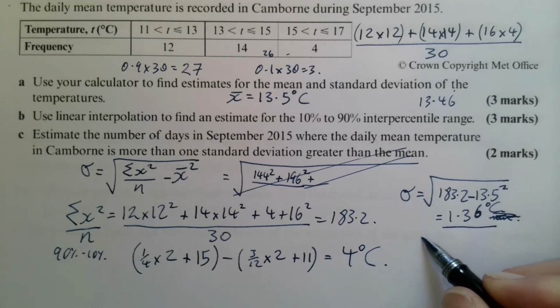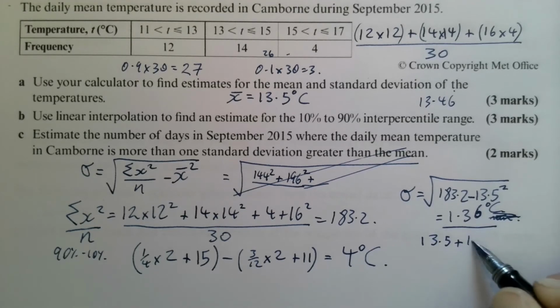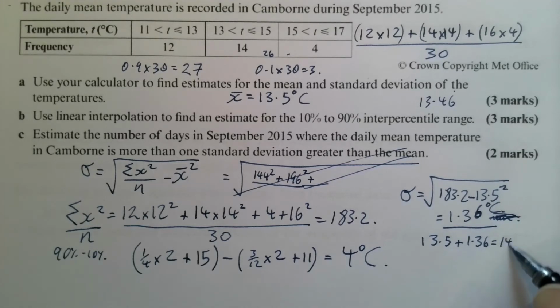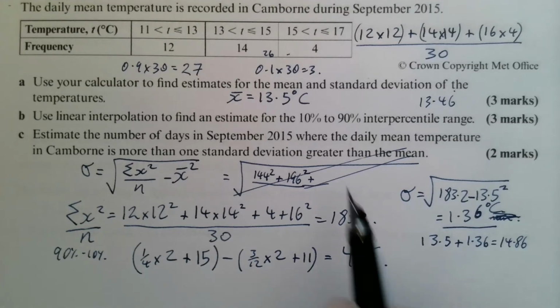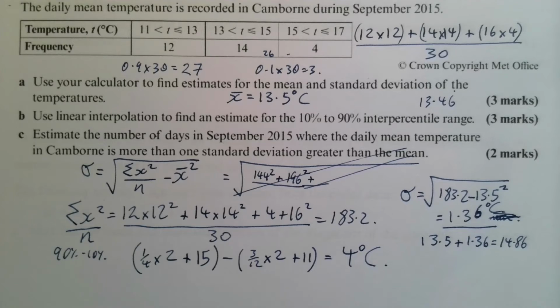So 13.5 plus 1.36 is 14.86. So we want to find out where that's going to come. So 14.86 is right up there. So how far through is that?